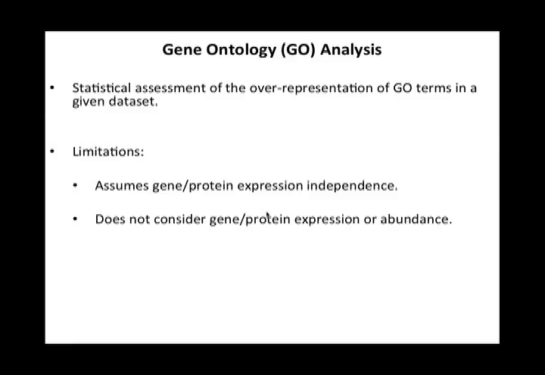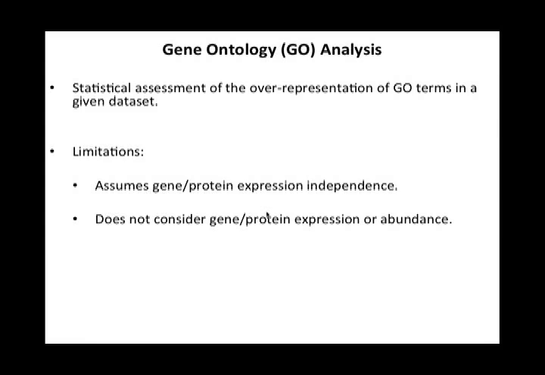An example can be given from yeast, where we have subunits of the ribosome that are all regulated by the same transcription factor. And so this is an assumption which often fails when you're doing a gene ontology analysis and causes some issues.